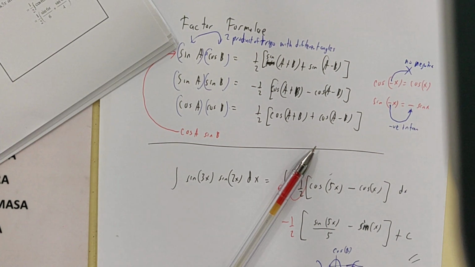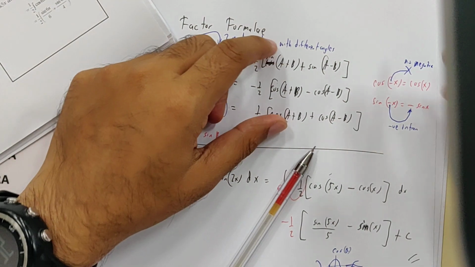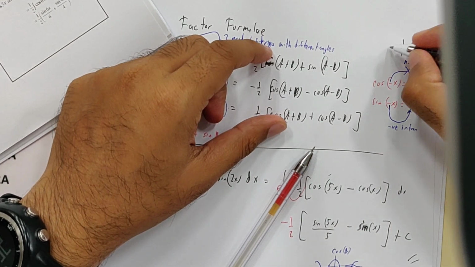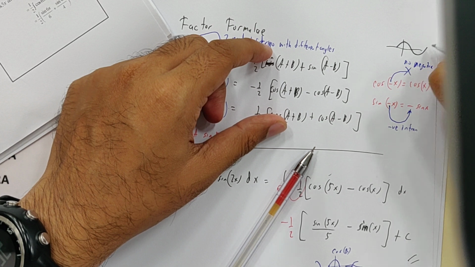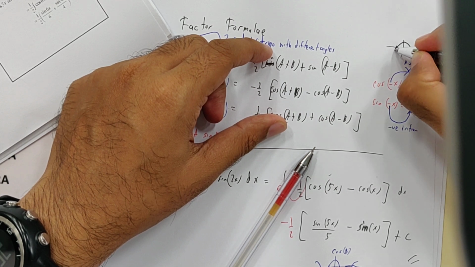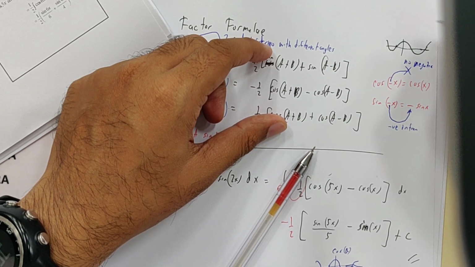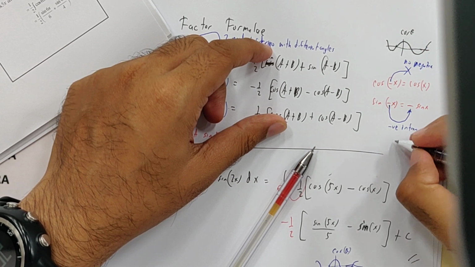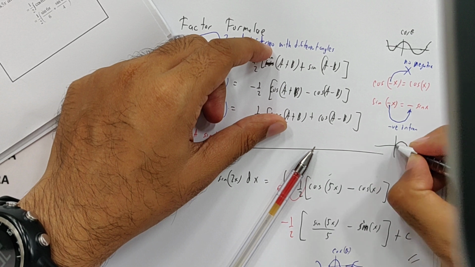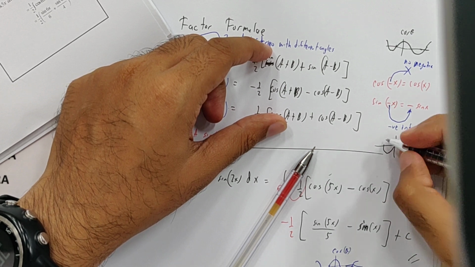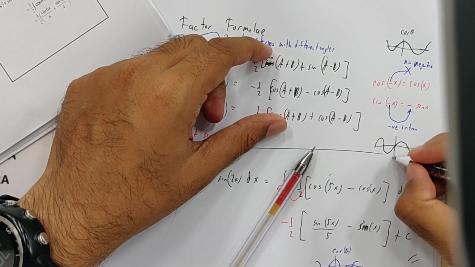This is from trigo value. It's due to cos graph being symmetrical, so there's no difference. And for the sine graph, it's opposite.